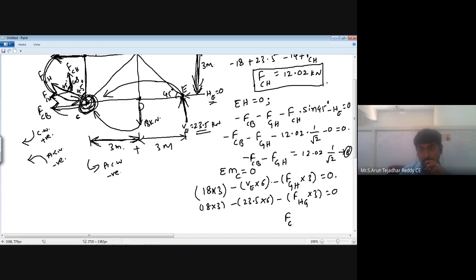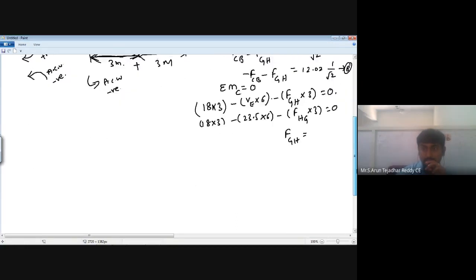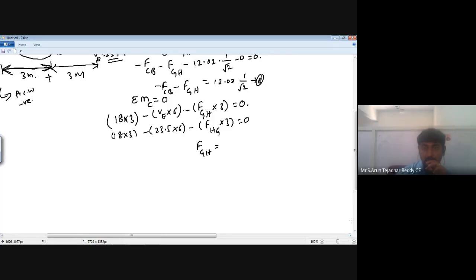Then you will get the FGH value, that is minus 29 kilonewton. One more unknown force is there, that is FCB.